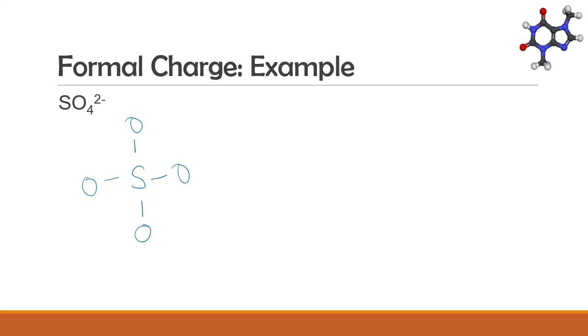If we calculated the formal charges of all the atoms in this ion, the oxygens would all have a -1 formal charge. The sulfur would have a formal charge of +2. Now we mentioned earlier that a +2 formal charge is not possible in nature, so this original structure of the sulfate ion cannot exist.